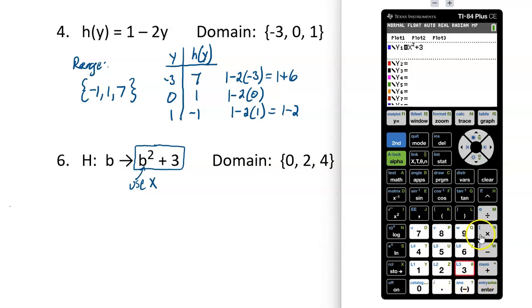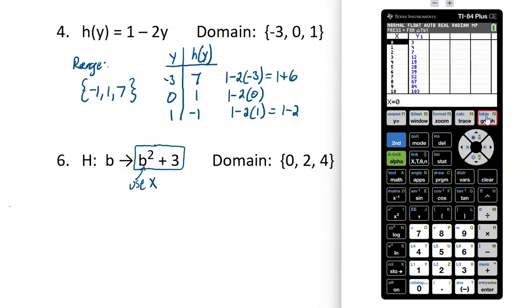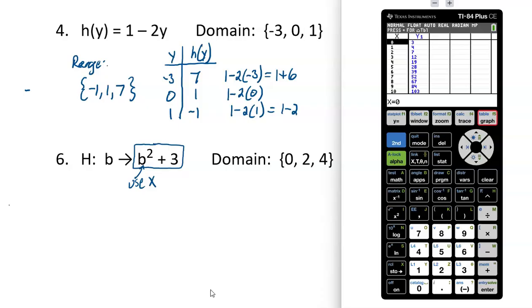Now I'm going to push table. To push table, you push the blue key and then table, which is the 5th gray button. Now, what are the corresponding outputs on the calculator for the 3 domain values that we're asked to use? Our domain values are 0, 2, and 4. What are the numbers paired with those?